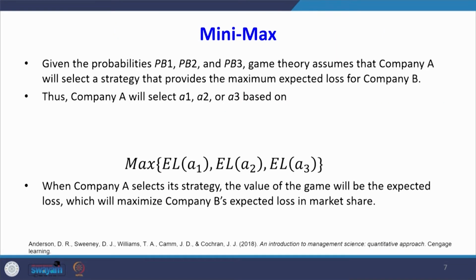Given the probabilities PB1, PB2 and PB3, game theory assumes that company A will select a strategy that provides the maximum expected loss for company B. So, company A will look for maximizing the loss for company B. When company A selects its strategy, the value of the game will be the expected loss, which will maximize company B's expected loss in the market share.